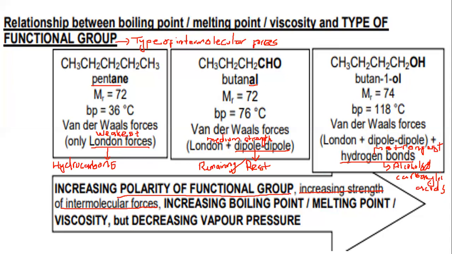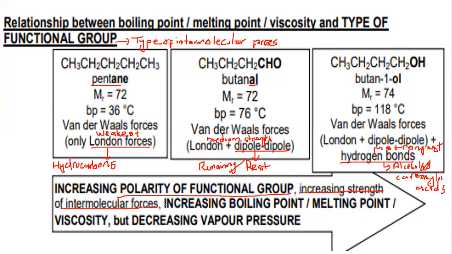As a result, as you go from left to right, in this one the most important are London forces. In aldehydes, which is your butanal, the most important are dipole forces. In alcohols, the most important are your hydrogen bonds. So the intermolecular force strength is increasing from pentane to butanal and to butan-1-ol.